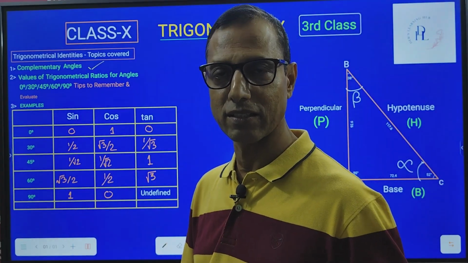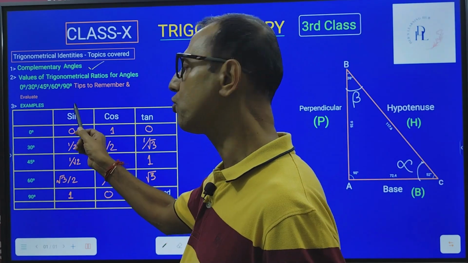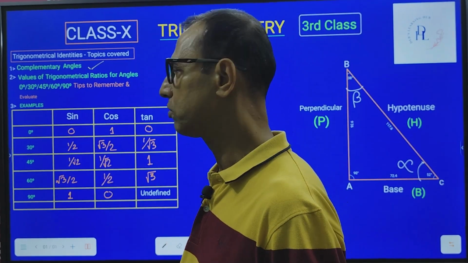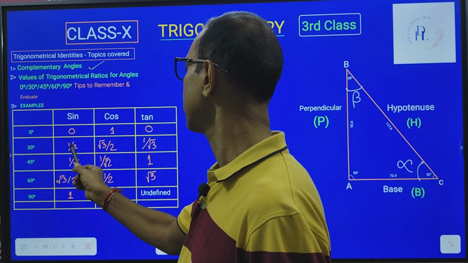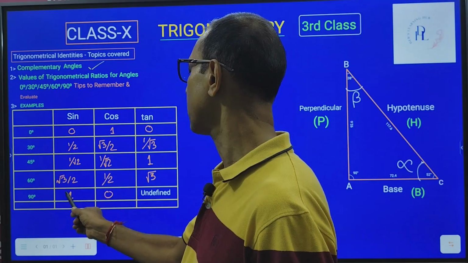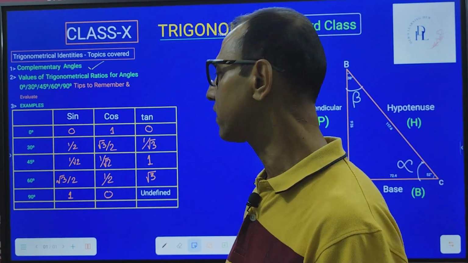In case you forget the values, then you can work them out on your own. Assume I remember only the sine values. So sine 0 is 0, sine 30 is half, sine 45 is 1 by root 2, sine 60 is root 3 by 2, sine 90 is 1. These 5 angles I just need to remember. The rest I can do.